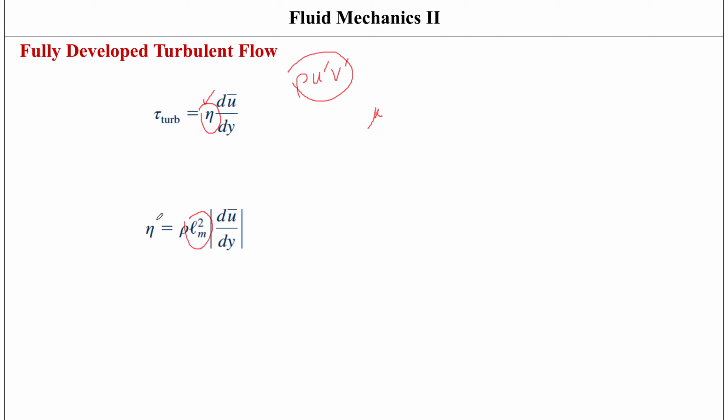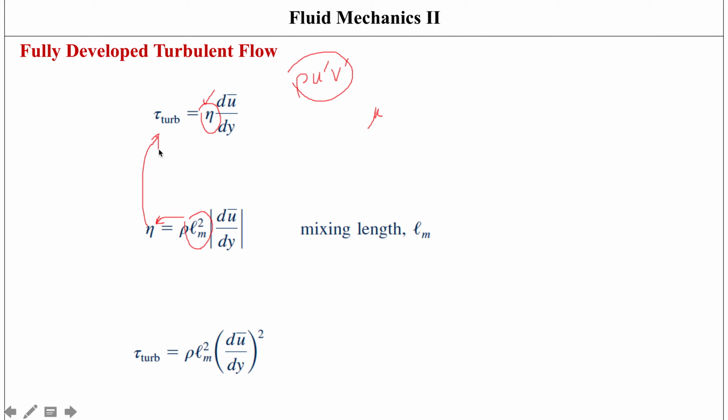But by using some ad hoc assumptions, by using physical reasoning, it was concluded that this mixing length is related to eddy viscosity by this expression. And then we can go ahead and substitute this over here in the expression for turbulent shear stress. And this is what we find out. So instead of trying to find out the eddy viscosity, we are now trying to find out the mixing length.